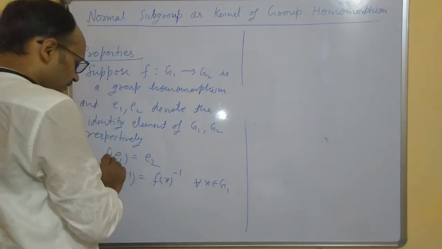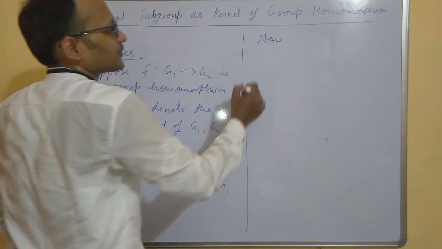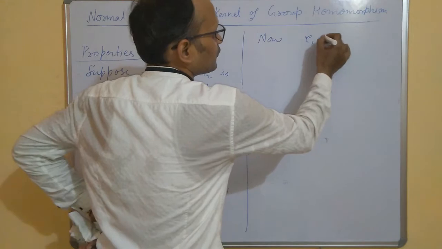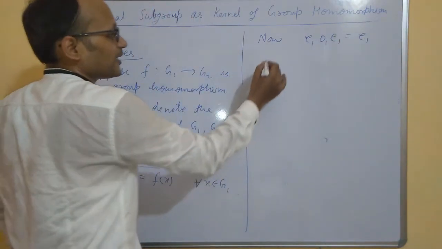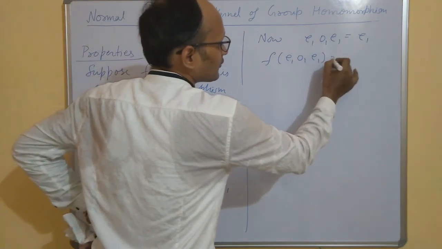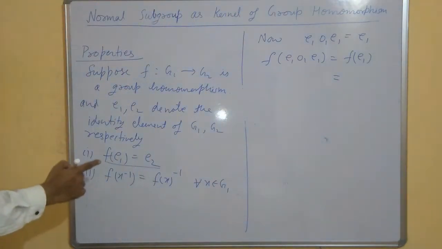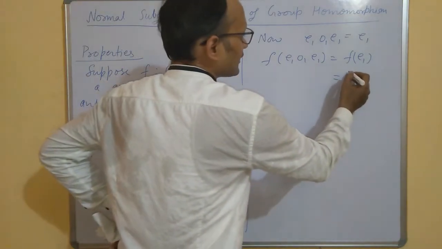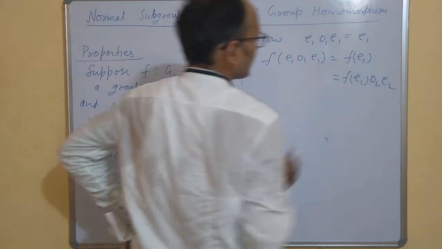So let me show that f(E1) is equal to E2. Now you know that E1 O1 E1 is E1. So let me apply f on both sides: f(E1 O1 E1) is equal to f(E1). Now this f(E1) is an element of G2 and G2 has identity E2, so we can write f(E1) O2 E2 like this.